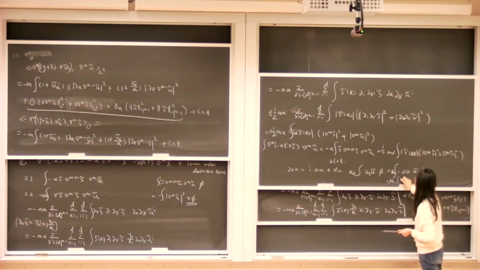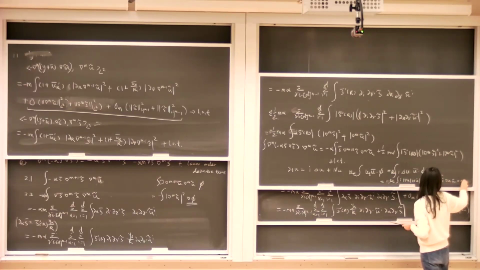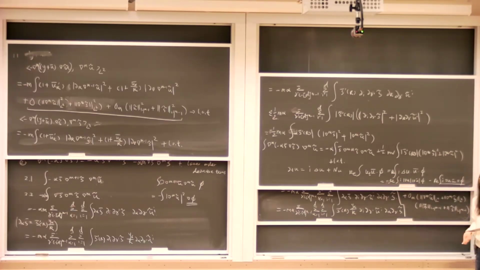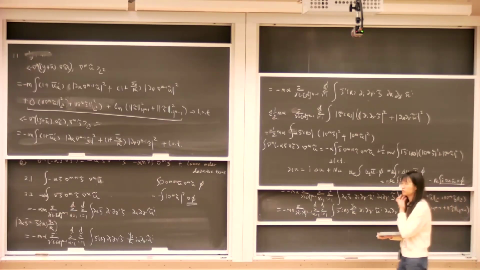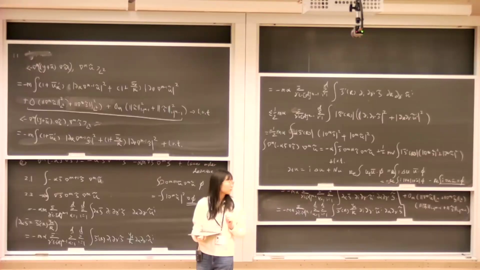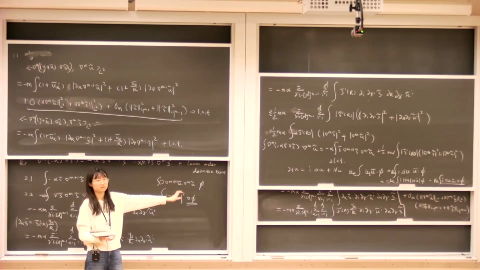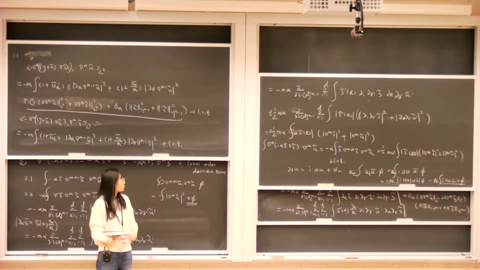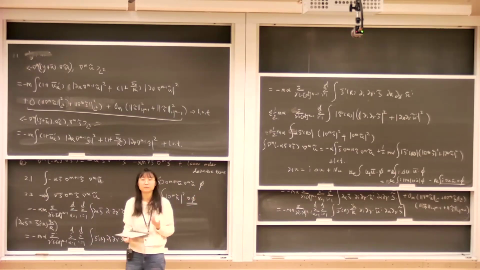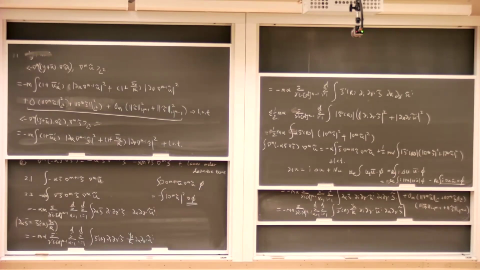So this cannot be bounded in L2. That's the difference between Schrödinger and compressible Euler. But in the Schrödinger case, the profiles we use satisfy this globally, so there's no issue here. If there were an issue, we don't know how to treat that. There's no way it can be done. Okay, thank you.